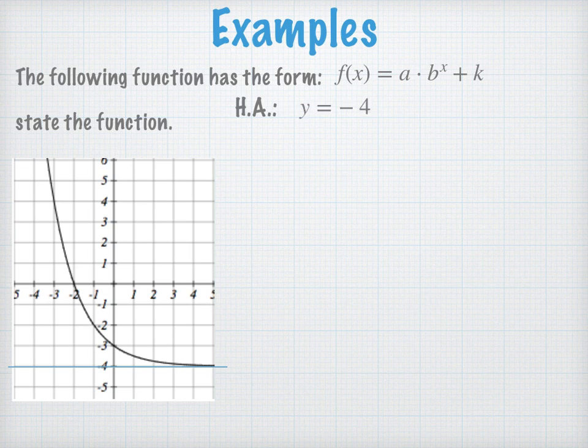So we'd say the horizontal asymptote is y equals negative 4. What this tells us is our horizontal asymptote has been shifted down 4 units from where it was on our basic function. So that means our function has been shifted down 4 units. This tells us about our value for k. Now, let's find some nice points.